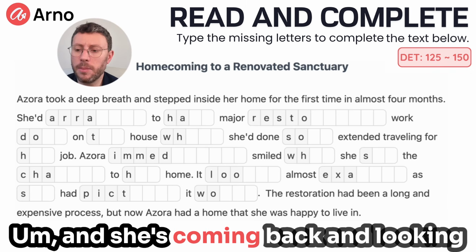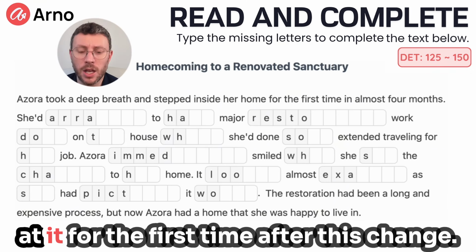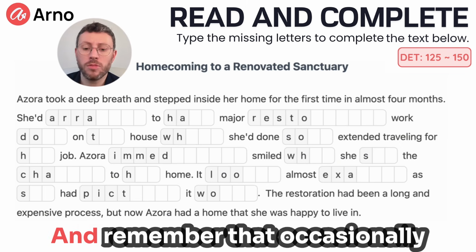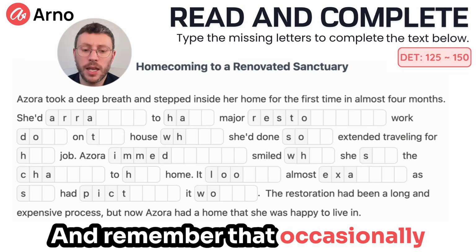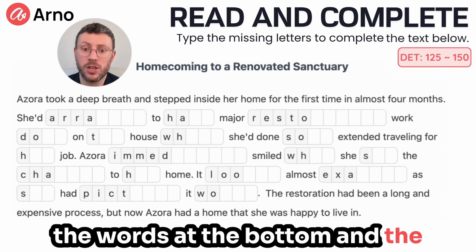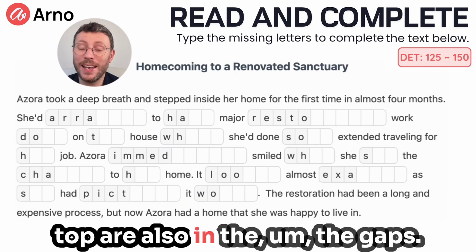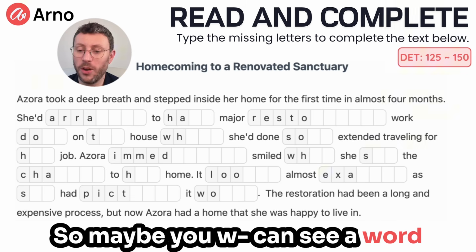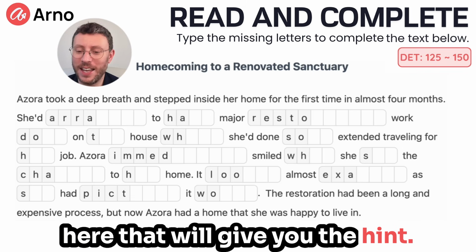And she's coming back and looking at it for the first time after this change. And remember that occasionally the words at the bottom and the top are also in the gaps. So maybe you can see a word here that will give you the hint.